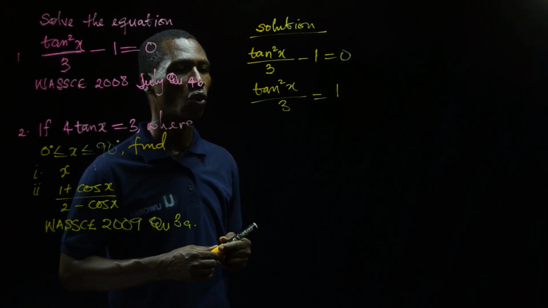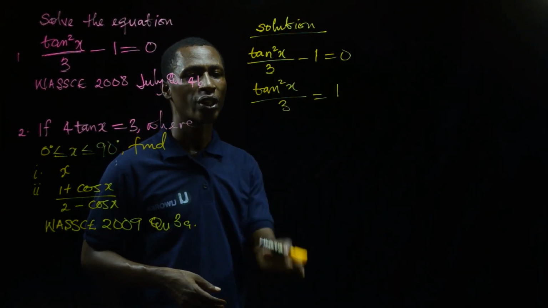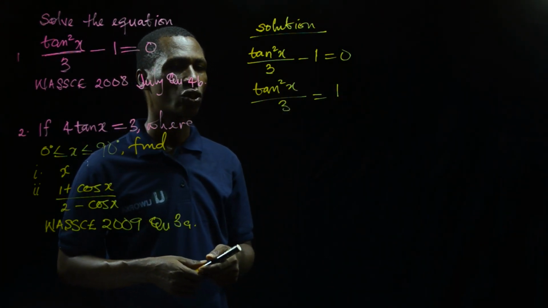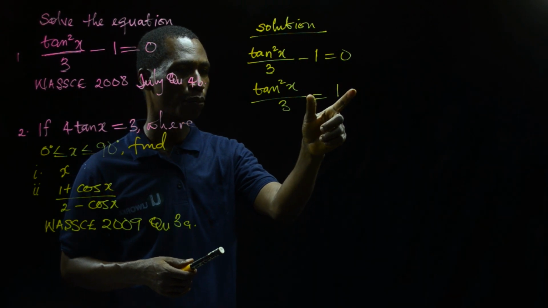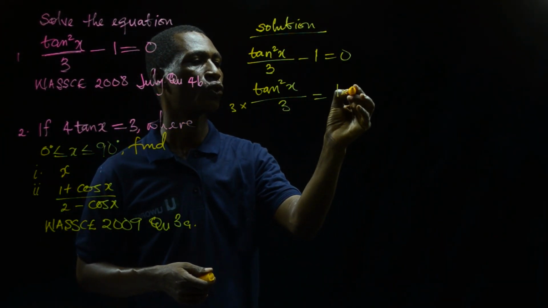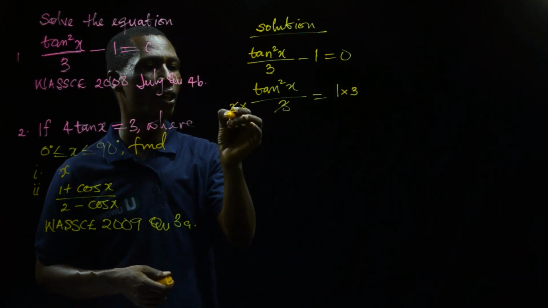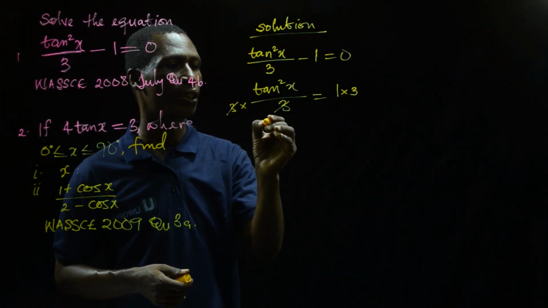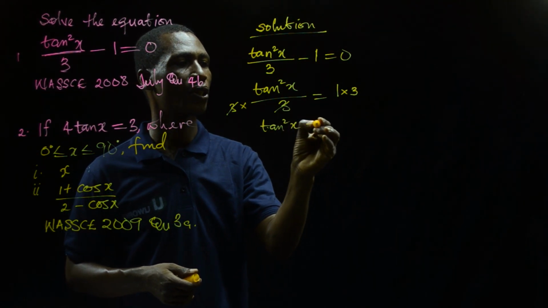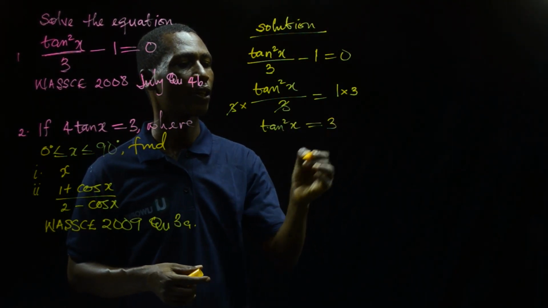Okay, good. So what we do now is we make it linear just by multiplying through by 3. If I multiply here by 3 and here also by 3, the 3 cancels. I've gotten tan squared x to be equal to 3. Good.